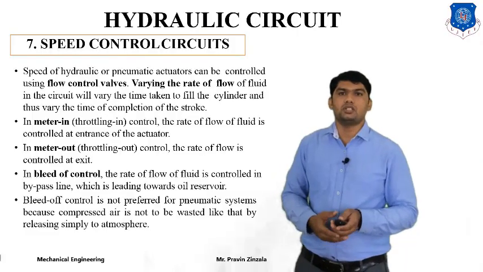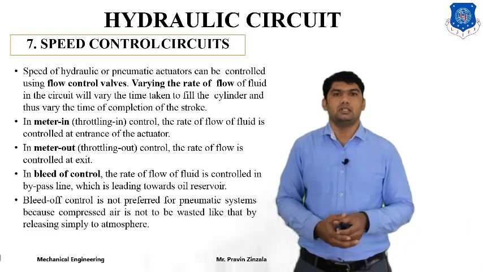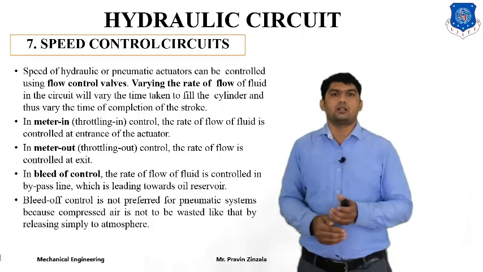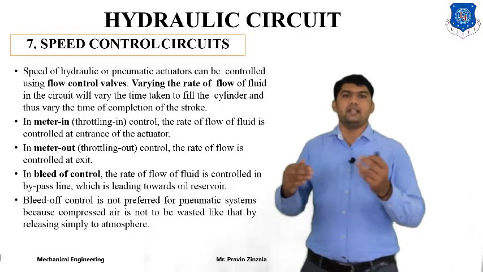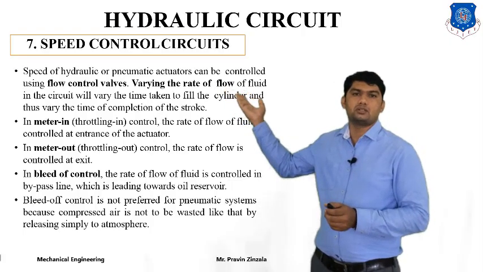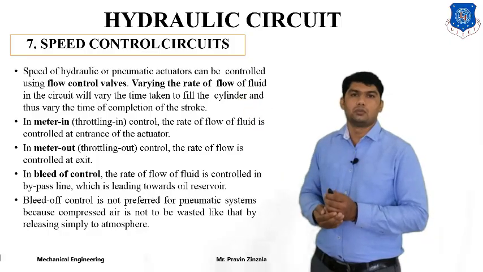Now we will discuss the speed control circuit, meaning how to control the speed of a cylinder. It is required in particular applications or industrial applications. We can control the speed by utilization of flow control of fluid.